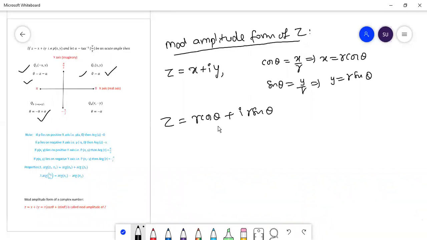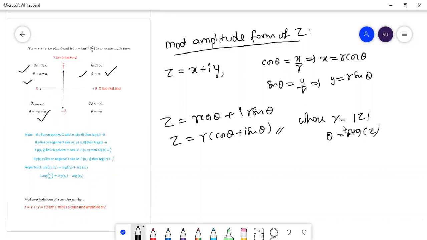Take r common: z is equal to r(cos theta plus i sin theta). This is called the mod amplitude form of a complex number. So if z is equal to x plus iy, then its mod amplitude form is r(cos theta plus i sin theta), where r is equal to mod z, and theta is equal to argument of z, which can be found by using the quadrants.